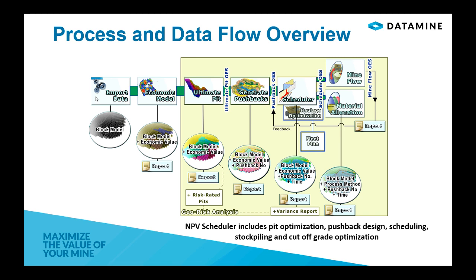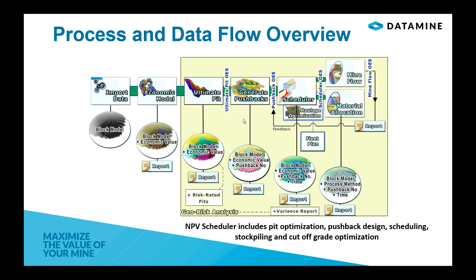We define economic settings to determine the block value for each of the subcells in our resource model. Using this block value, we are utilizing the Lerchs-Grossmann algorithm to generate the ultimate pit and nested LG shells. As a result, we see the report of each LG shell.